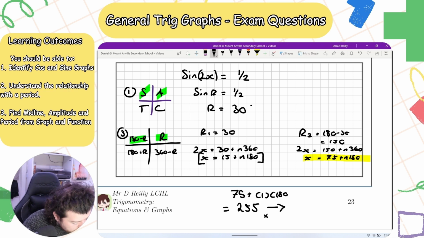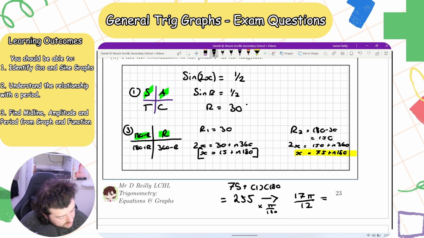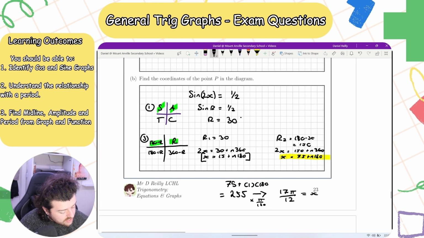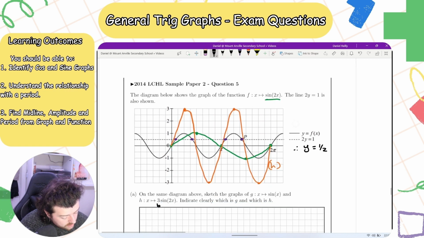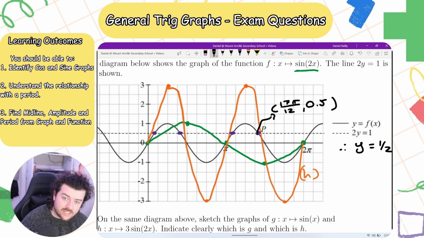To convert to radians, we multiply by pi over 180, which is going to be 17 pi over 12 as my x value. So this P value here is going to be 17 pi over 12, and y is equal to a half. So the y value is 0.5.